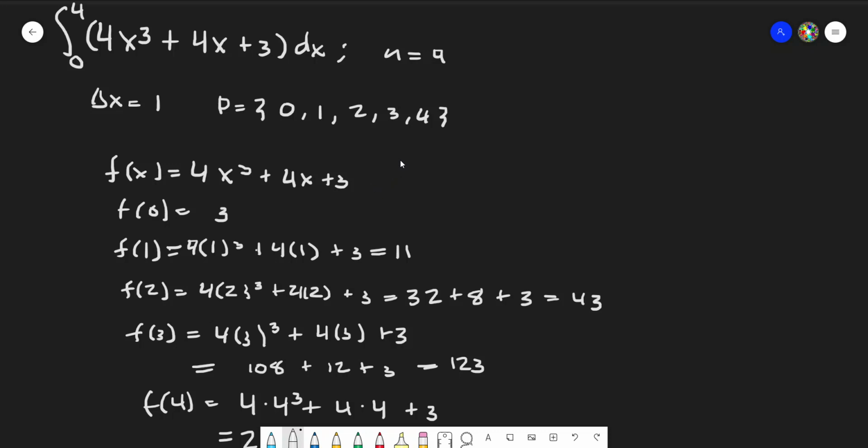Now, Simpson's rule basically says that the formula is delta x over 3. But what was delta x? It's just 1. So really, it's going to be 1/3.